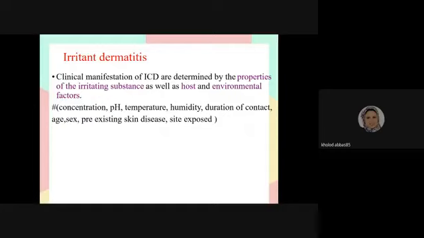Why? The explanation was that sweating in summer prevents or decreases the concentration of the irritant material, while in winter there is dryness, no humidity, and dryness of the skin will increase the permeability of the material to enter the skin. So they found this seasonal variation. For humidity, we said the more humidity, the less irritant dermatitis, and these are all theories and hypotheses.